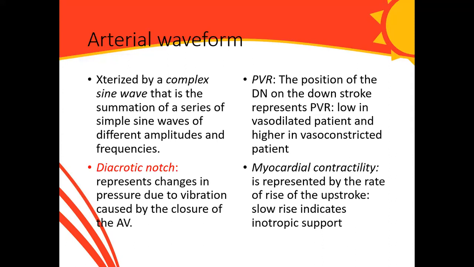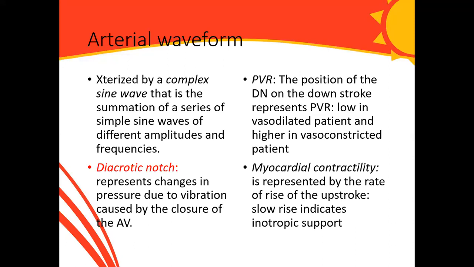And this dicrotic notch is very important because it gives you vital information about the peripheral vascular resistance, and the position of the dicrotic notch on the downstroke represents peripheral vascular resistance.